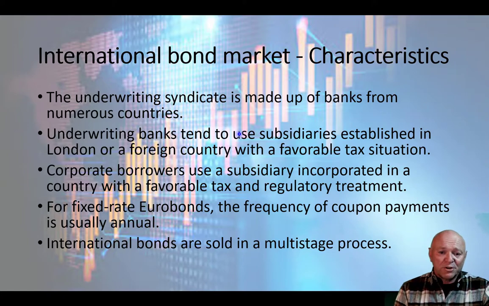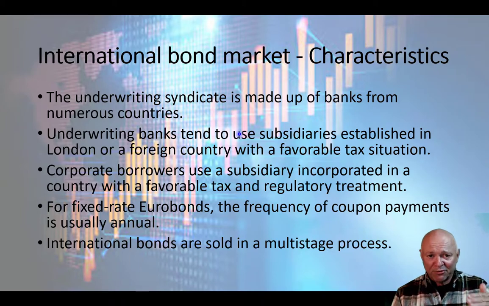The corporate borrowers use a subsidiary incorporated in a country with favorable tax and regulatory treatment. Coupon payments, usually annual, in order to simplify the underwriting. And they're sold in several different stages, or we say tranches, slices.